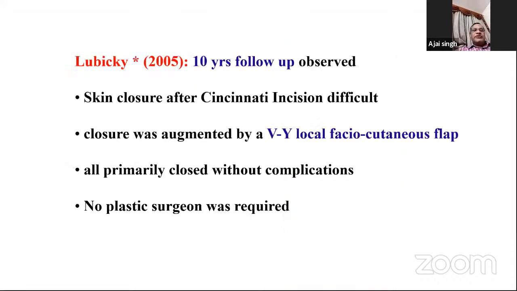In 2005, Lucchesi, in a 10-year follow-up, observed that skin closure after the Cincinnati incision is difficult in comparison to the 2-incision or L-shaped incision, and they found that the closure was augmented in the majority of cases by a VY local fasciocutaneous flap, all primarily closed without any complication after this fasciocutaneous flap.